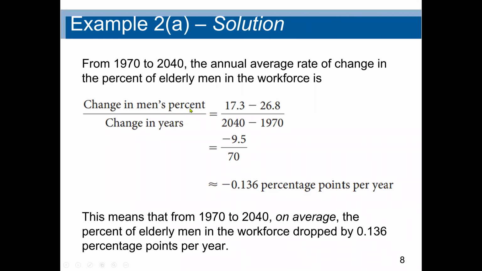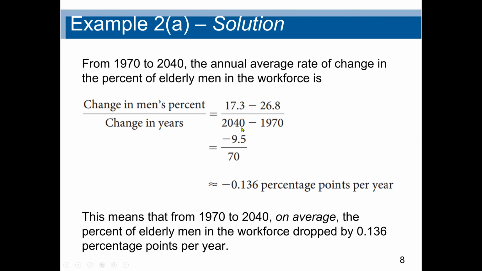So the change in percent for men, the answer again is negative because in 2040 we have 17.3 and in 1970 we have 26.8. So the difference of 17.3 and 26.8 is negative 9.5.